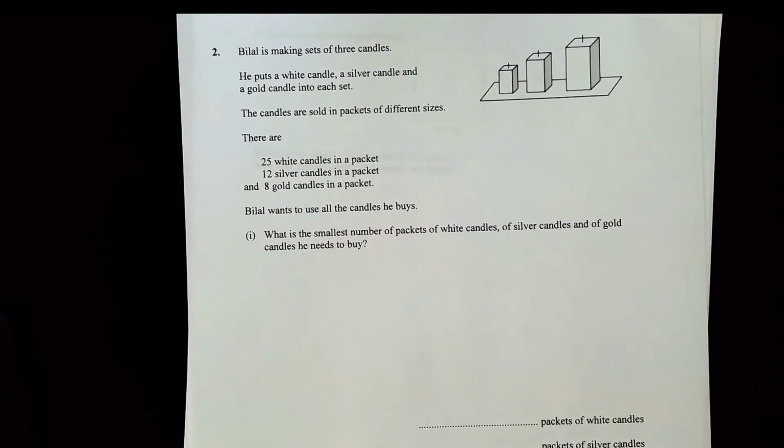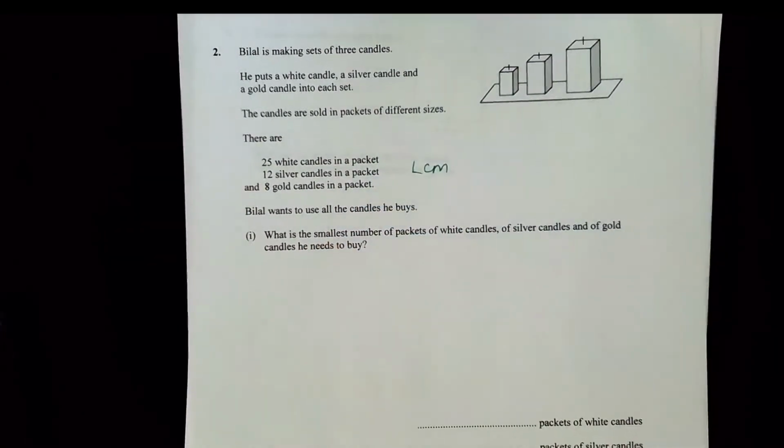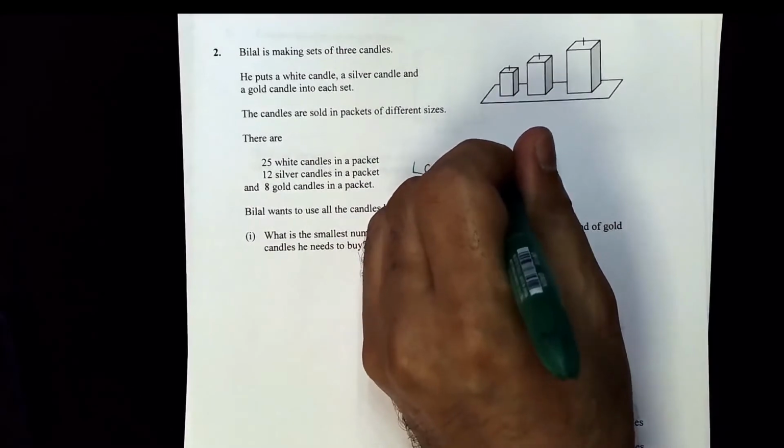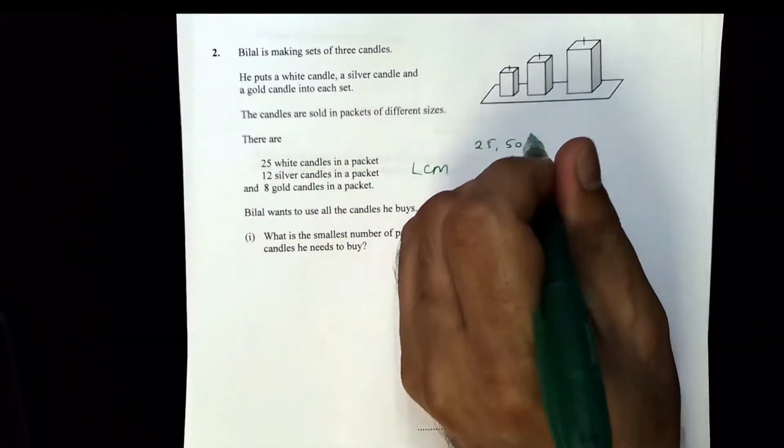So essentially what this question is looking at is the lowest common multiple for those numbers. You can start off by writing out the multiples for each one.